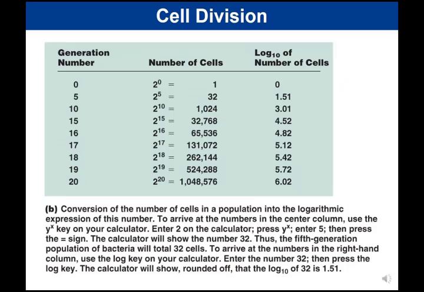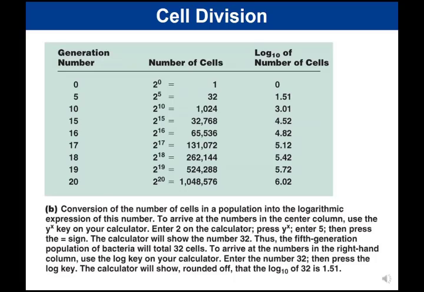So this is just showing you again, looking at the number of cells and looking at the log scale of that. So after 5 generations, that would be 2 to the 5th power, or 32 cells. After 10 generations, it's going to be at 1,000. After 15, it's going to be at 32,000. So notice that going from the first cell to 5 generations, it only went from 1 to 32.